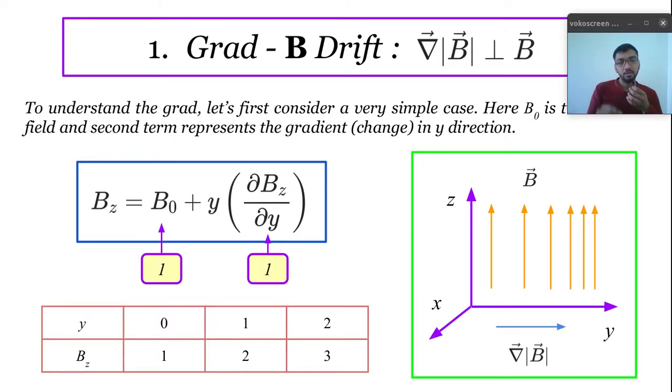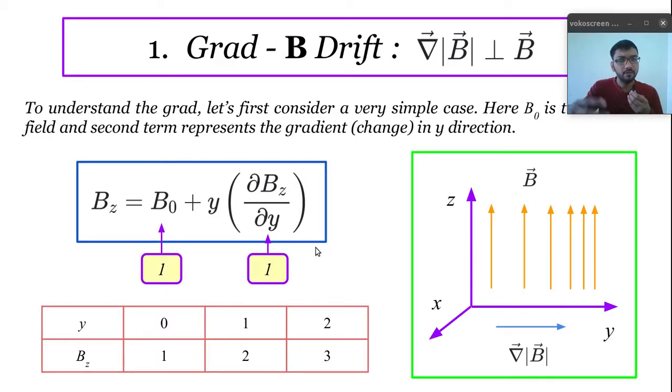See this table. Plug y equal to 0 in this equation, and we have Bz equal to 1. Then plug y equal to 1, and we have Bz equal to 2. And if we similarly put y equal to 2, then Bz is equal to 3. So this is how grad works.